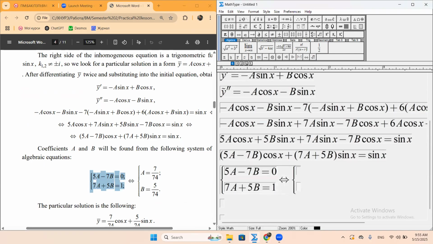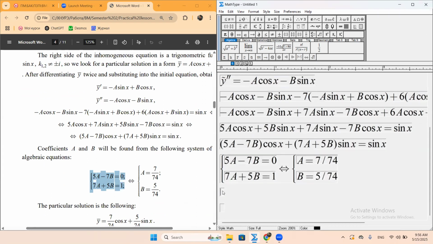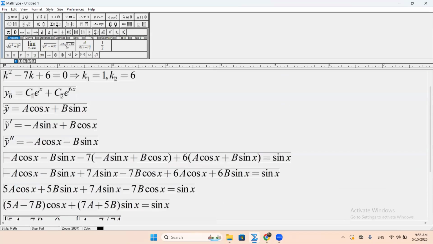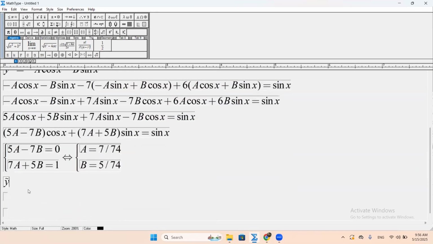The solution of the system will be the following: A equals 7 over 74, and B equals 5 over 74. So the partial solution is 1 over 74 times (7 cosine of x plus 5 sine of x).